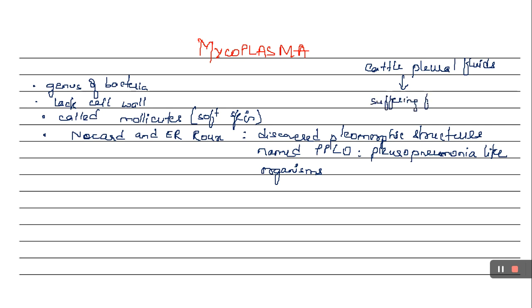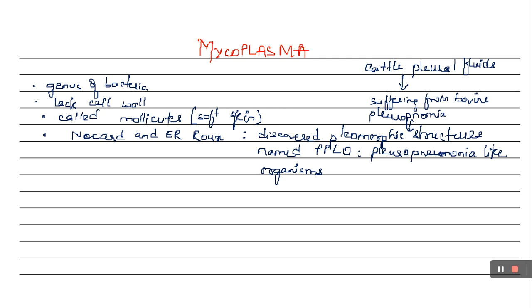And they discovered several organisms which have pleomorphic structures.